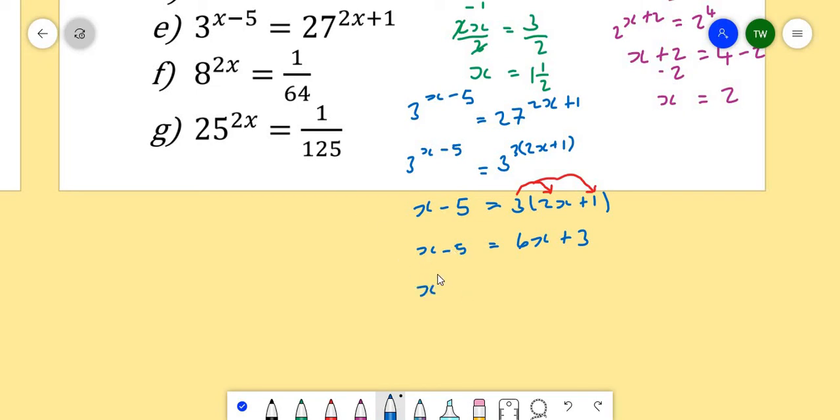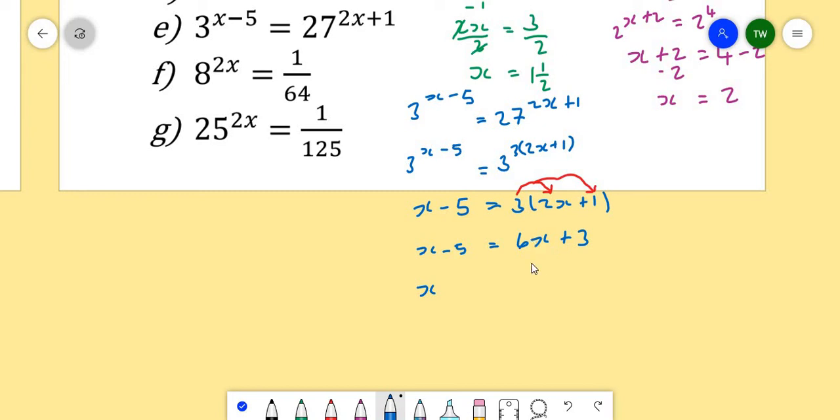As I was saying, I want to keep the x term on the left hand side, which means that the focus is this positive 6x. So how can I make this positive 6x become 0 on the right hand side? I can subtract 6x from both sides, right?